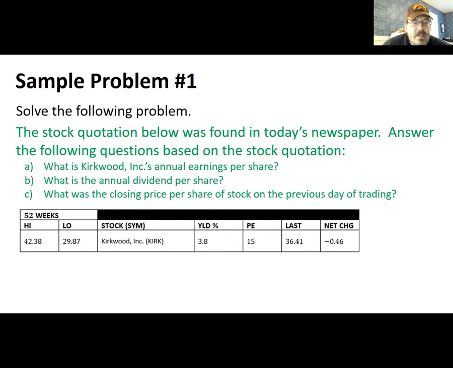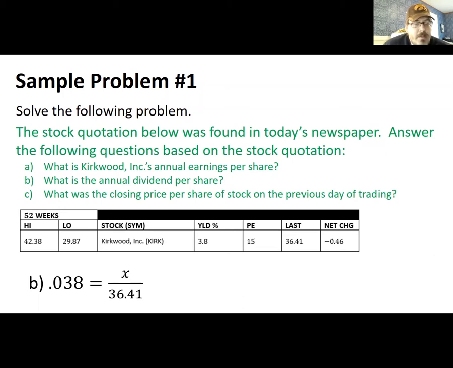Now, if we want to calculate the dividend, what we need on this is, again, the closing price, what the stock is selling for at the end of that day. And what we also look at here is the percent yield. And that's going to tell us the dividend, or how much you're earning on this particular stock. Again, there's a little formula where the dividend divided by the closing price gives you the percent yield.